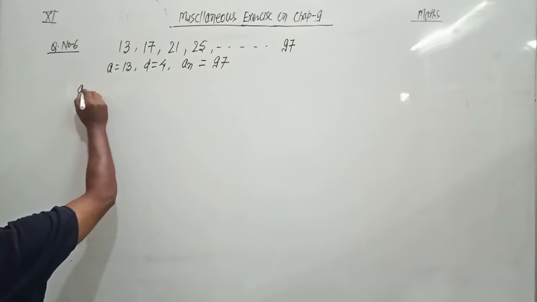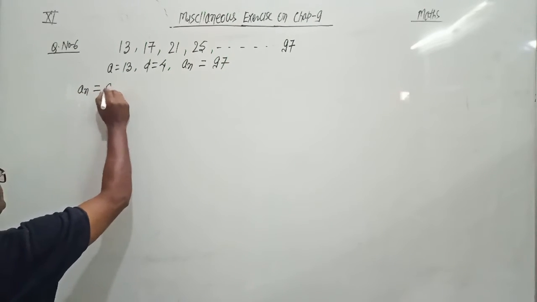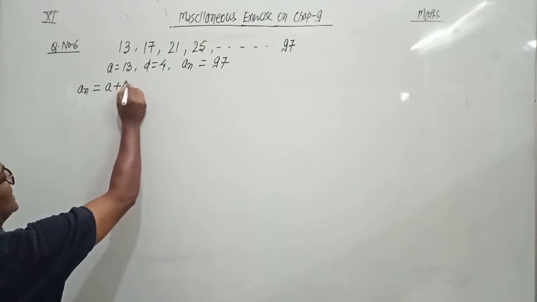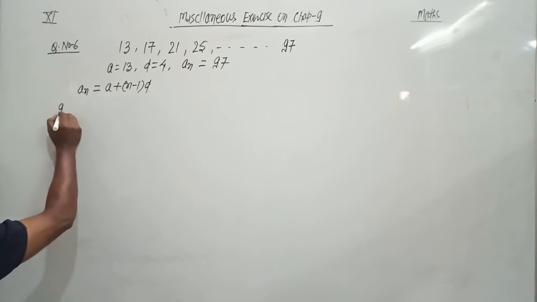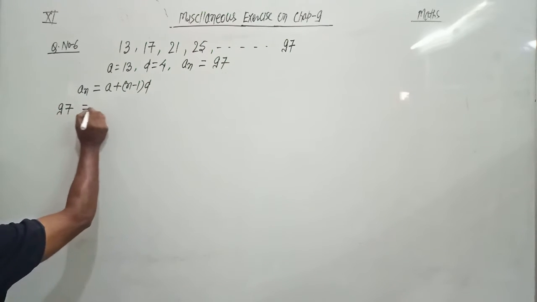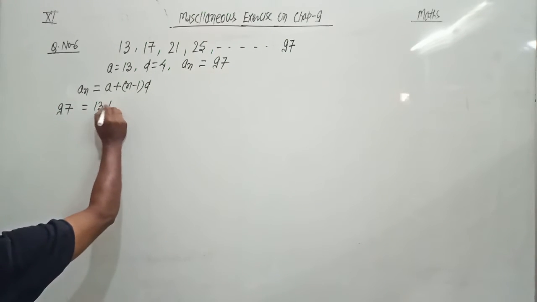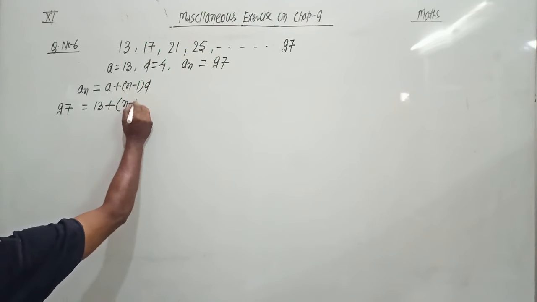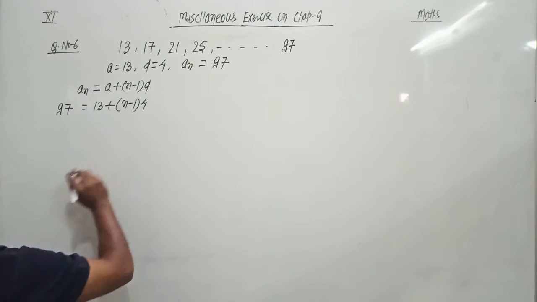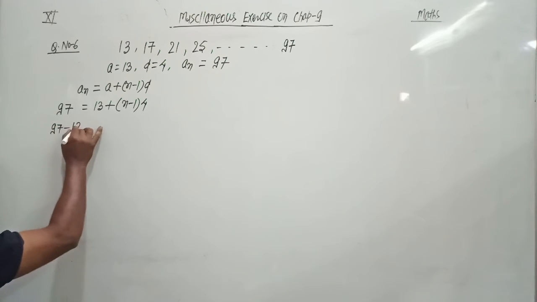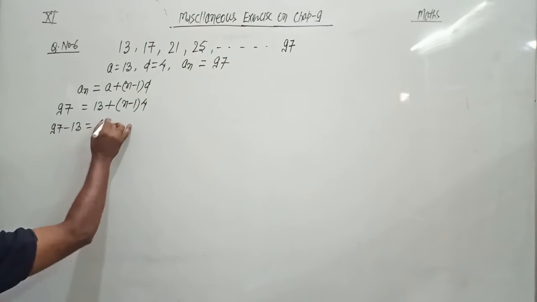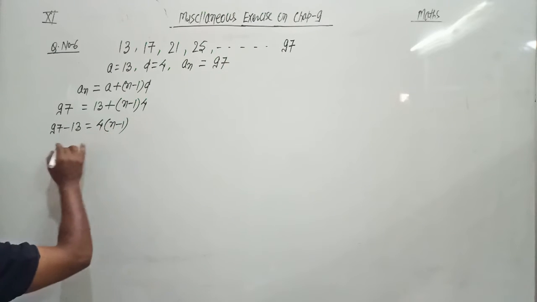So the formula is An equals A plus N minus 1 into D. The last term is 97, the first term is 13, the value of D is 4, and the number of terms we have to calculate. So 97 minus 13 equals 4 into N minus 1.